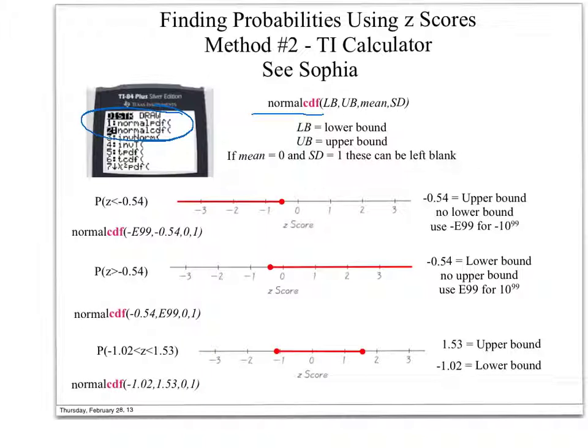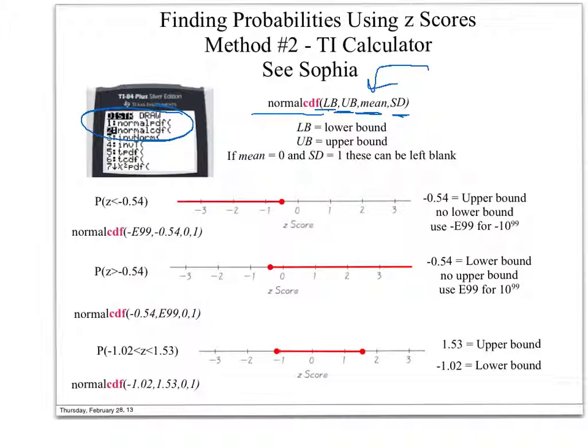So we're going to find the cumulative area, and the nice thing about the calculator is it doesn't matter whether it's on the left side or the right side of your z, because you enter the lower bound, which is the number that's on the left side, if it's a number. I'll say more about that later. And then the upper bound, and then the mean, and then the standard deviation.